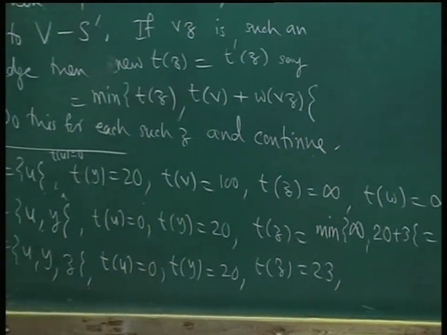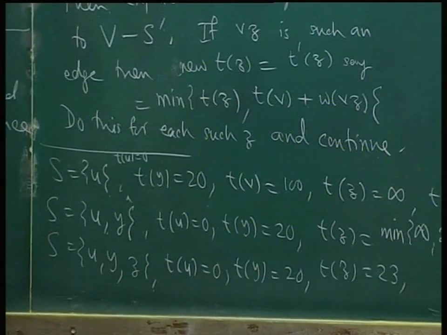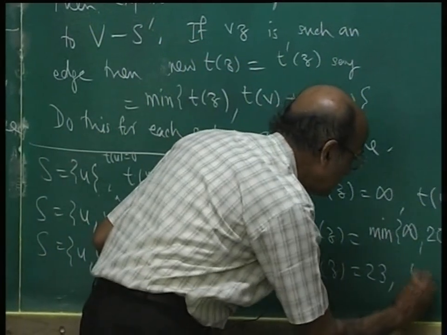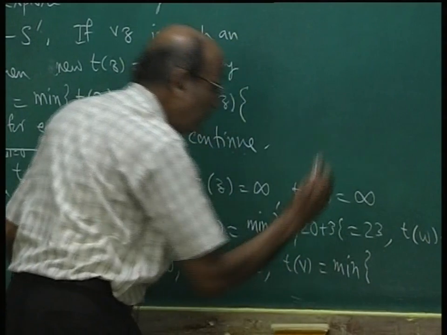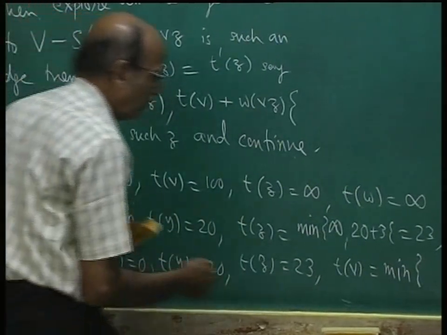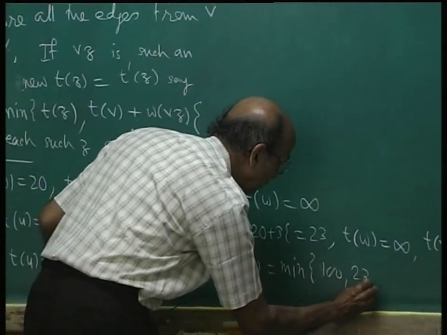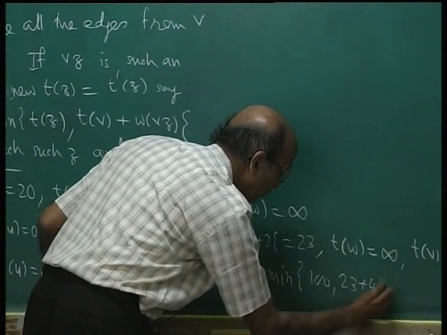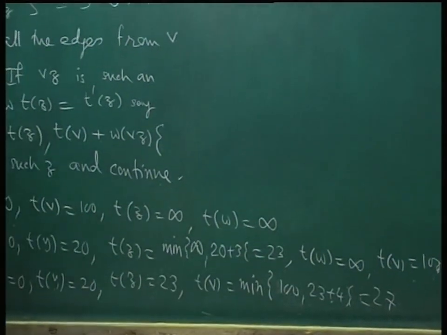Explore all the things adjacent to Z. You see that V is adjacent to Z. Therefore, T of V is the minimum between 100 and 23 plus 4, out of which of course this is smaller, therefore it's 27. Okay?